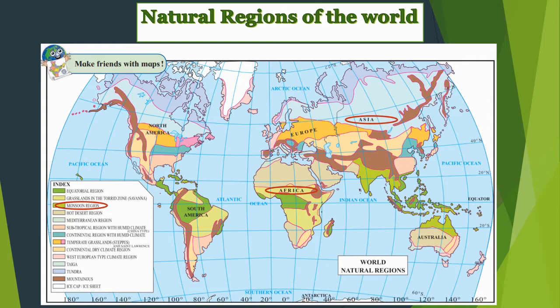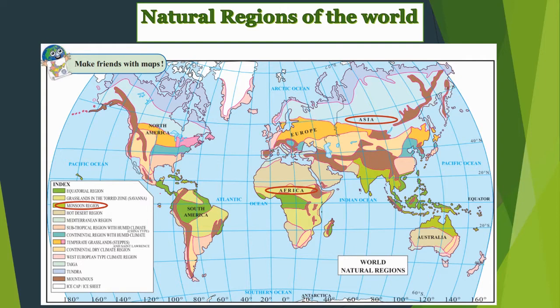The next question is, which natural region occupies the largest area in the world? That is the taiga region. The next question is, where else do we find conditions similar to the continent of Antarctica? The answer to that is Greenland.